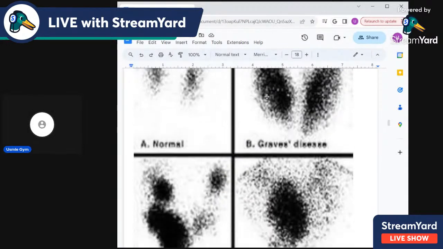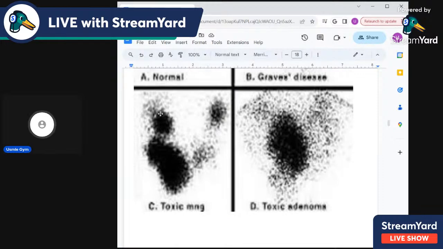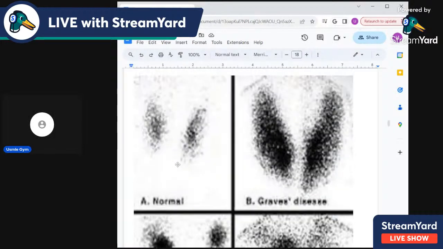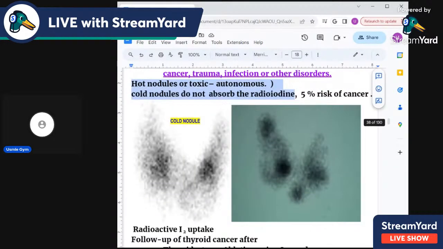This one is multinodular, taking that, and this last one is toxic adenoma. So this is a hot nodule, this is toxic multinodular goiter. This is the normal with the cold, and this is the cold nodule, non-toxic cold nodule, but 5% may be converted to malignancy.